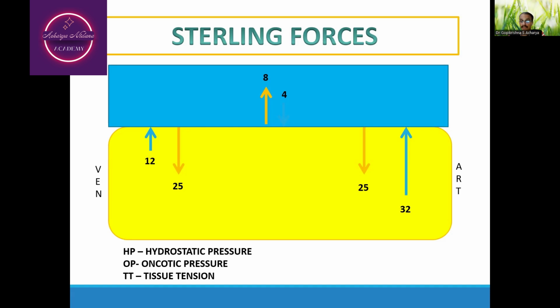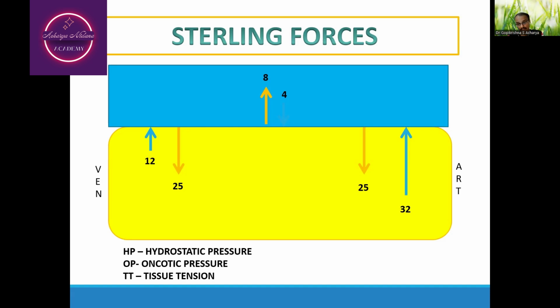The oncotic pressure throughout the capillary will be 25 millimeter of mercury. In the interstitial space, the hydrostatic pressure will be 4 millimeter of mercury and the oncotic pressure will be around 8 millimeter of mercury. This is about the overall Starling forces.